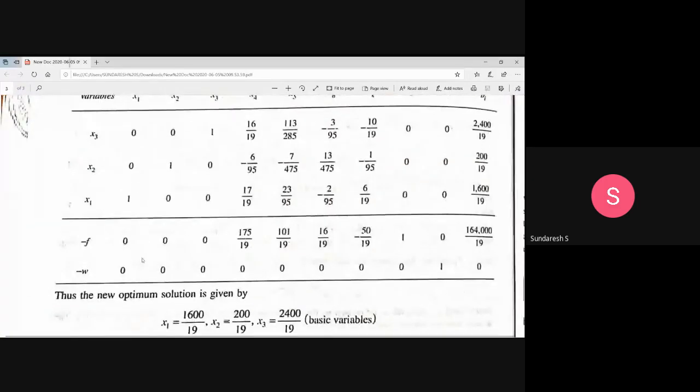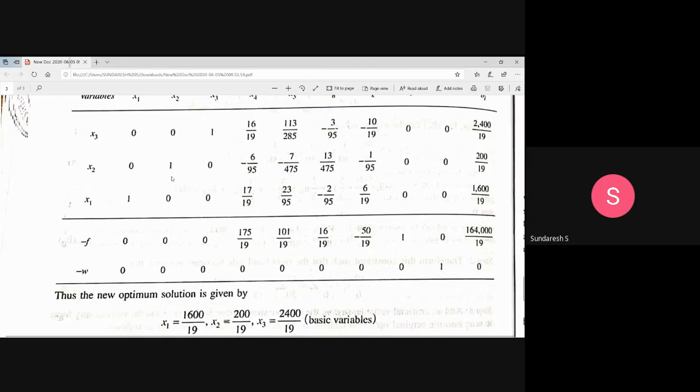Ultimately you have to check it. The values under the F and W columns should be zero or non-negative numbers. Be careful. Once you get that, you can stop the pivot operation. If you find any one of these values as a negative number, then you again have to proceed with the pivot operation.